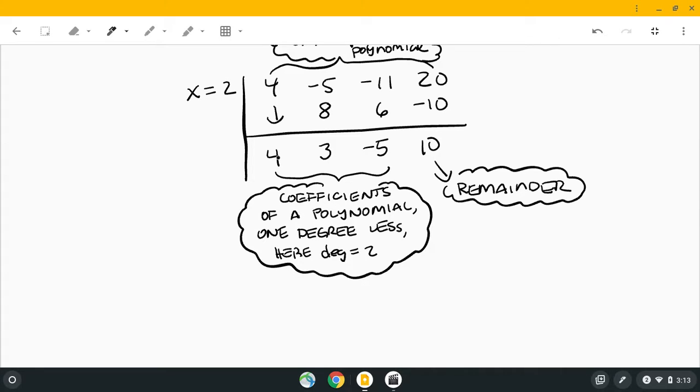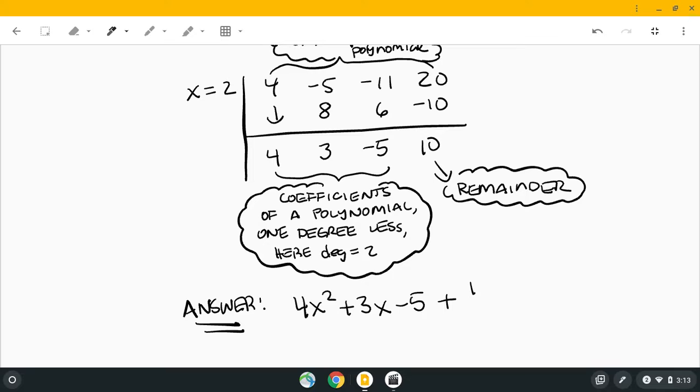When you write your answer, this is going to be a degree 2. So this means it's going to be 4x squared plus 3x, and then it just goes in order. So here's your answer. It's 4x squared because it's degree 2, and then it goes in order. So positive 3x, and then minus 5, and then that's your remainder.